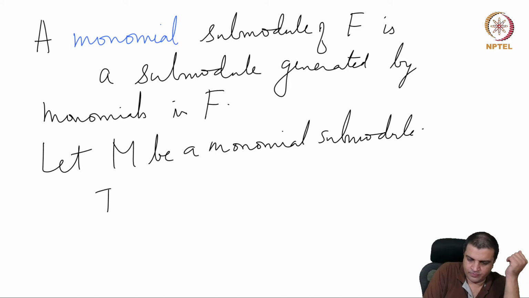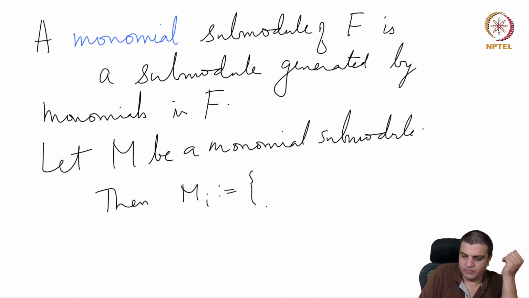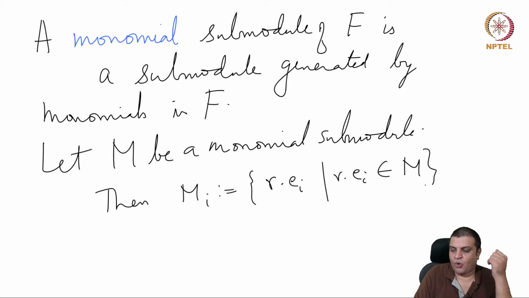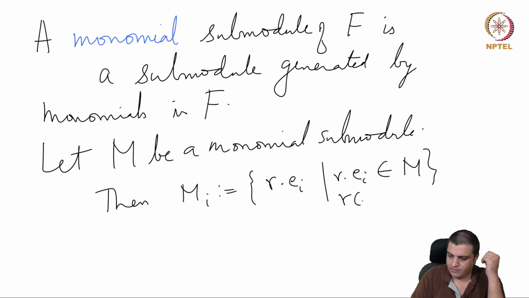Then M_i, which we define to be, okay, all elements of the form r times e_i, r times e_i is inside M. So all elements in M that are of the form r times e_i, r is in R. Okay.